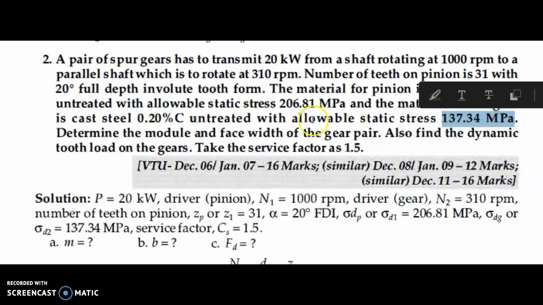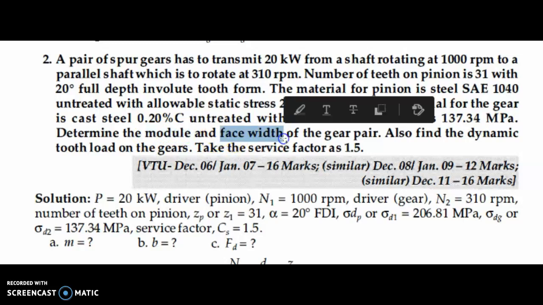Here the value of stress is directly given, but in some cases the value will not be given in the question, so we can take it from the table that I discussed in the previous section.